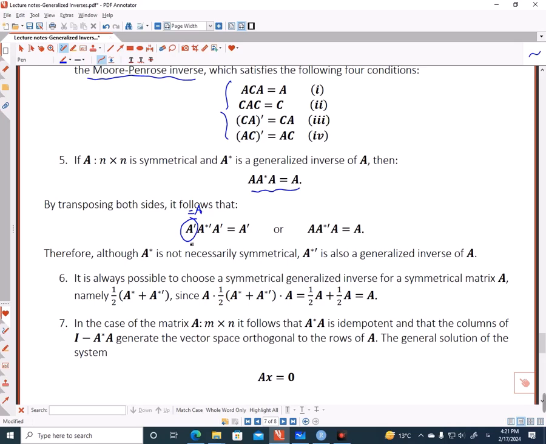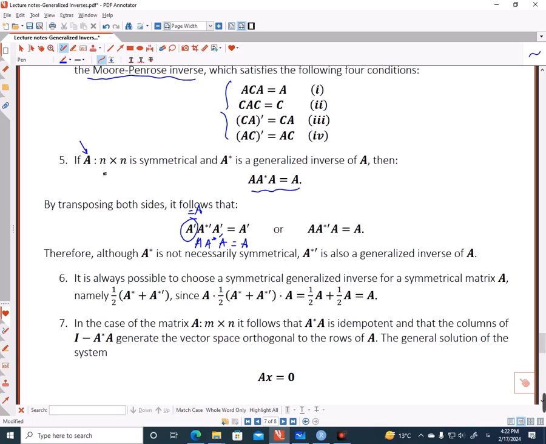So I can write this expression as A A star transpose A equal to A, and then you can conclude that A star transpose is again a generalized inverse. So A star is not necessarily symmetrical, and A star transpose is a generalized inverse of A. So in case of a symmetrical matrix, we have this transpose as a generalized inverse too, or better say we have two generalized inverses.